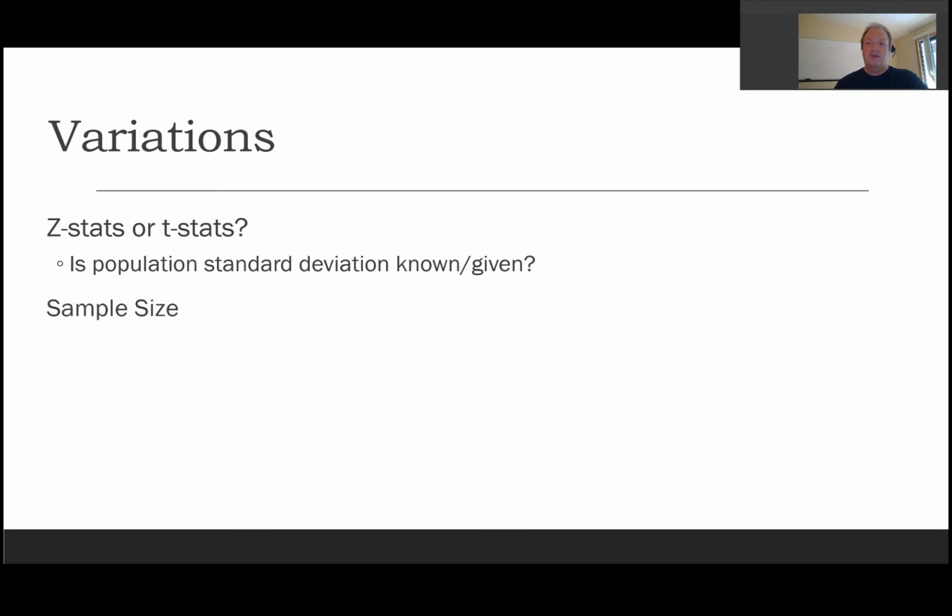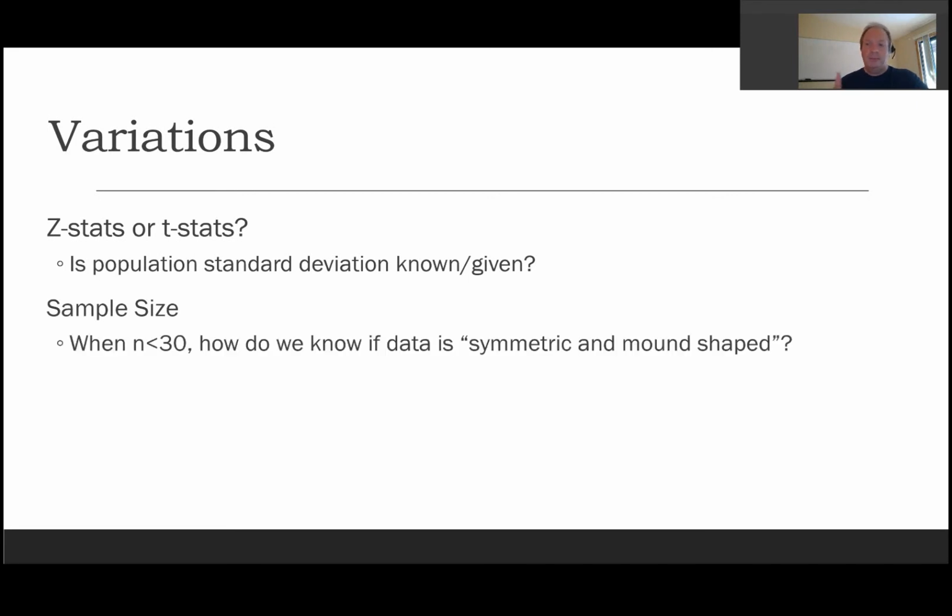Sample size is going to be important here, and it's going to be important primarily when it's less than 30. When it's less than 30, we're going to have to do something that we didn't have to do when we were talking about hypothesis tests on pi. We're going to have to somehow determine if the data is mound-shaped and symmetric. And we're going to talk about two ways that we are going to figure that out.